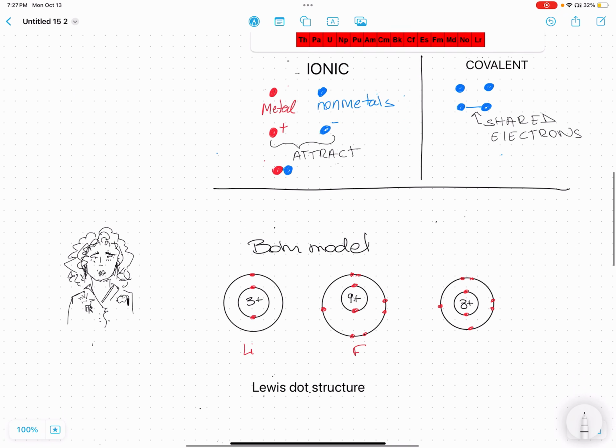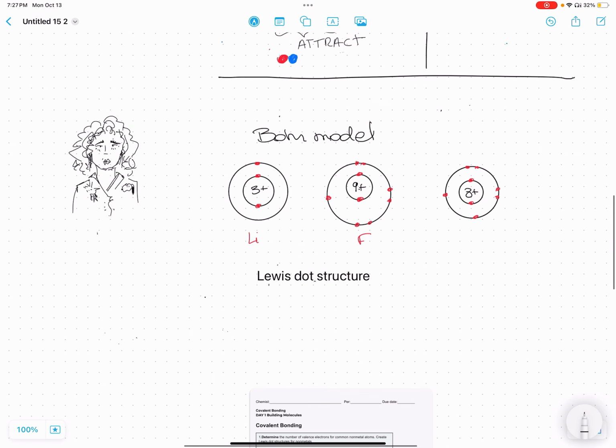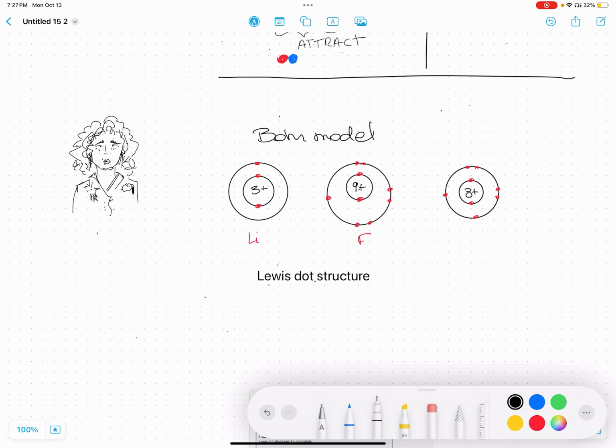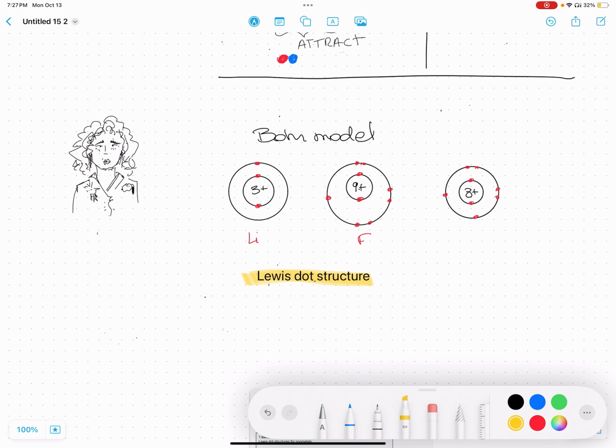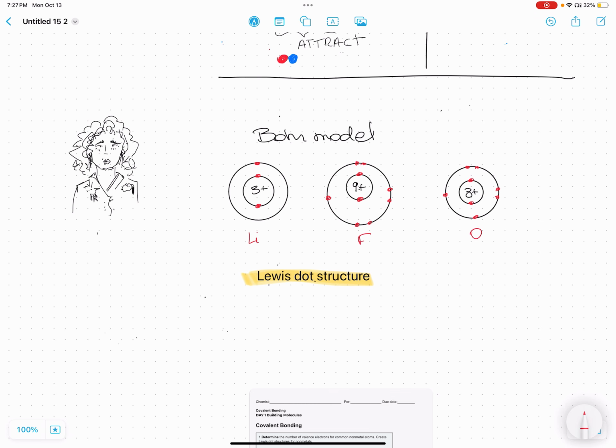Before we go any further into covalent bonding, I need to go over with you the Lewis dot structure. That's something new. And just like with everything else in this class, it begins with the Bohr model. I created a Bohr model for lithium, a Bohr model for fluorine, and a Bohr model for oxygen.